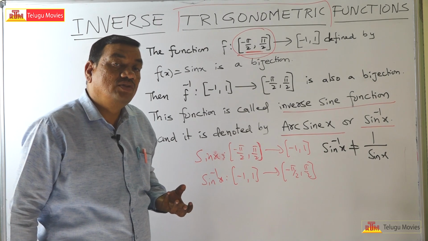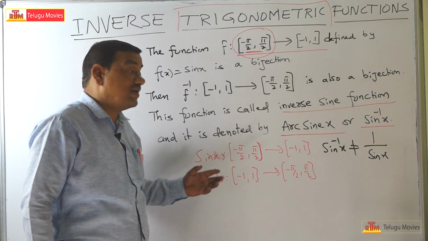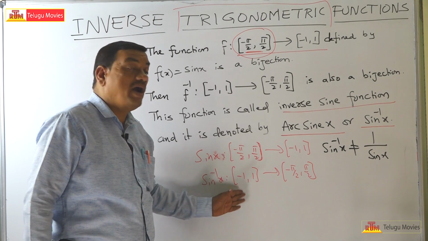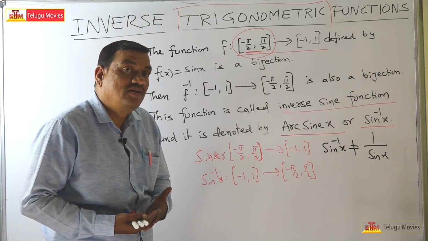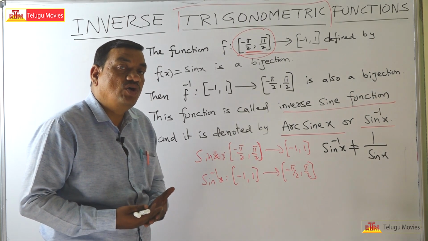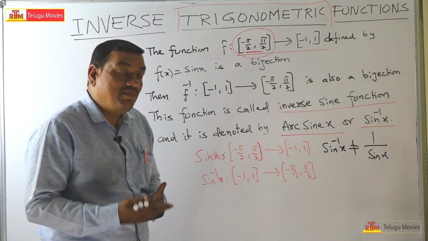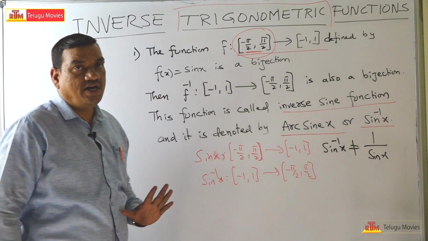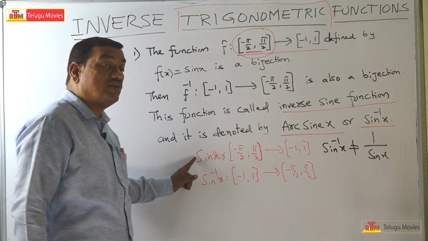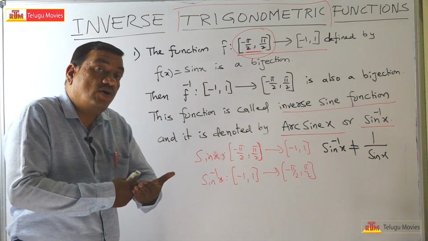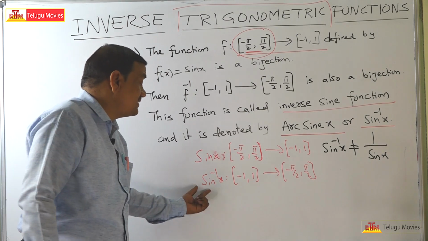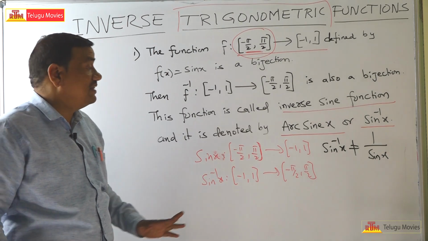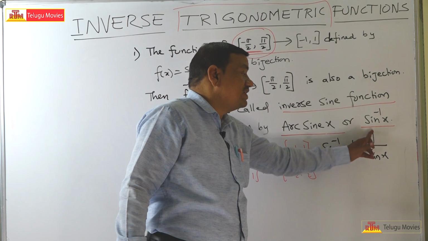When you interchange the domain and codomain, a new function arises, and you have to give it a name. Since the mother function is sin x, the new function's name is sine inverse of x. But it does not mean 1 by sin x.